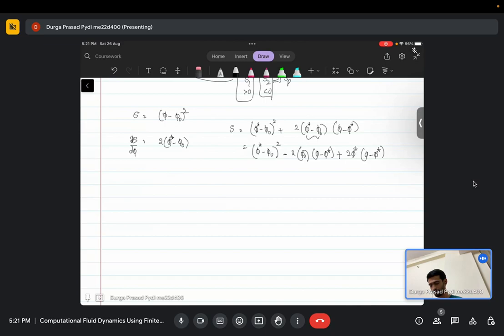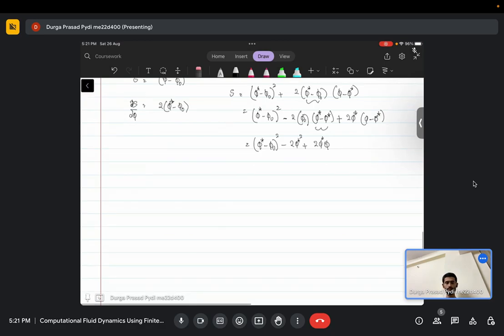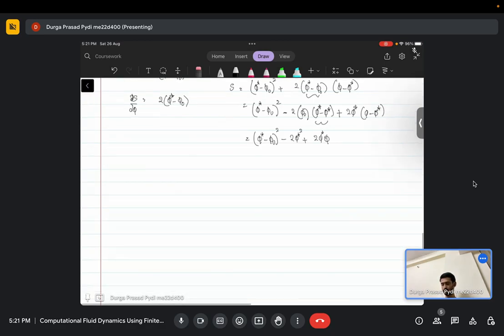What I am saying is, we will just take the value at phi star, so this term goes off: phi star minus phi naught square, minus 2 phi star square, plus 2 phi star phi. Is that clear?